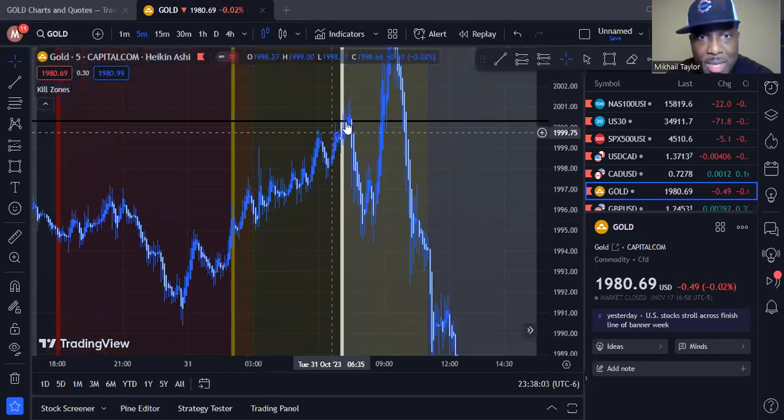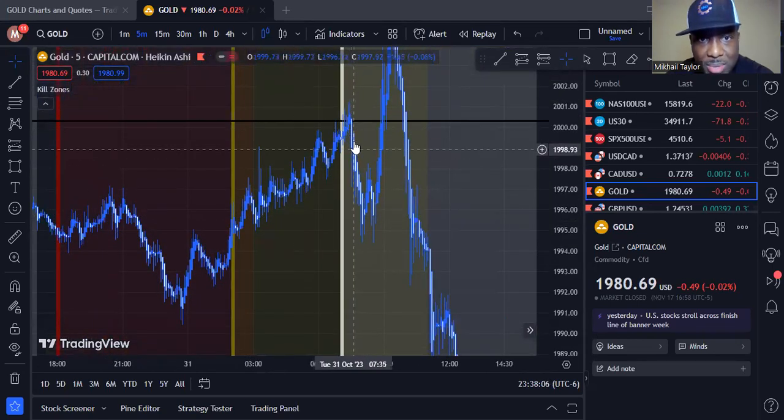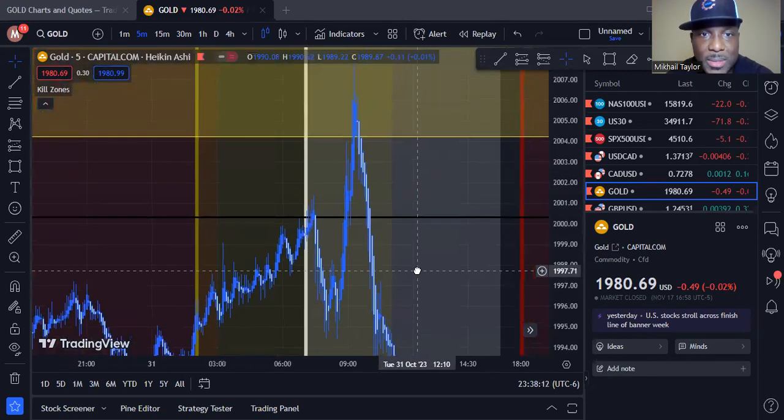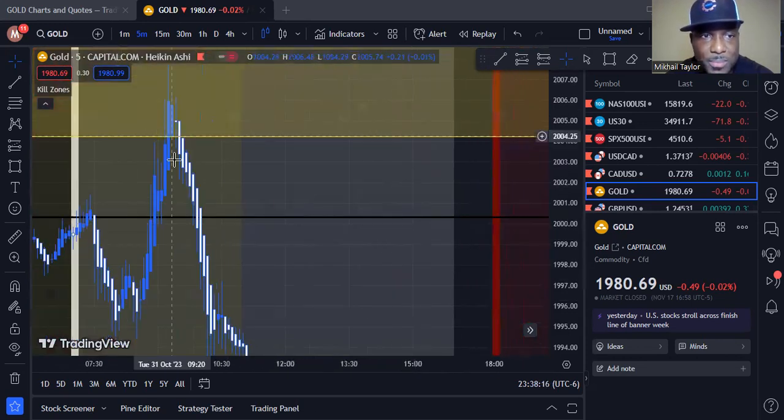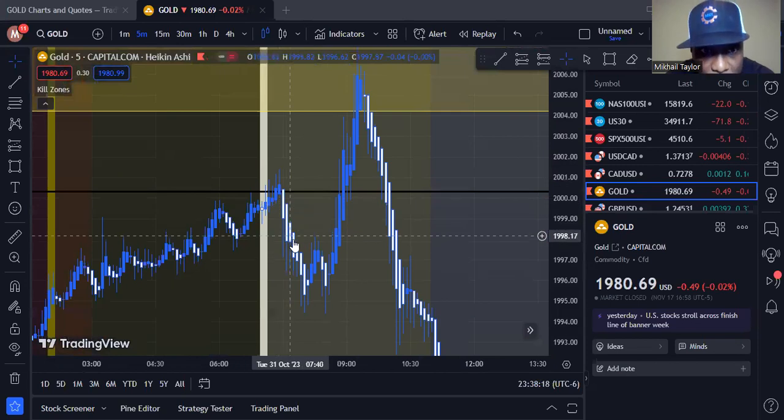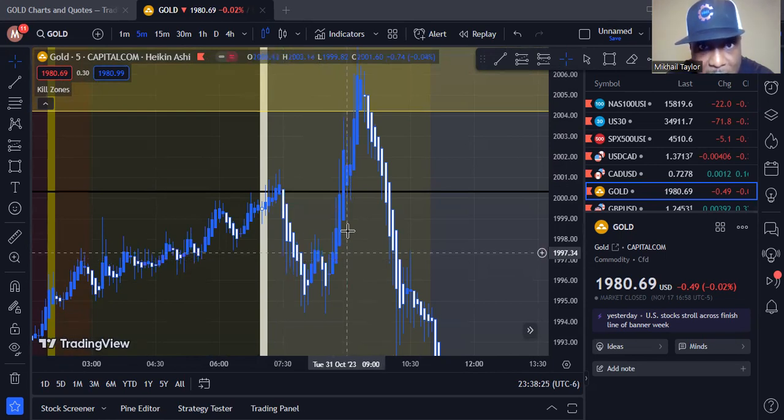And then maybe here on the next day, probably would have saw another opportunity, say, hey, let me see, this is still in this box. Let me see if it'll break out of there. But you could see how they broke straight through. Even if I would have gotten here, well, I wouldn't have gotten in here because this was too early in the morning. So I don't do any trades until after 9.